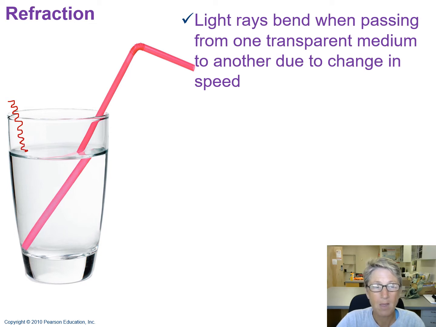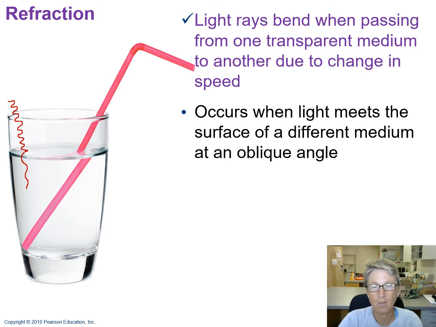That's one medium, air, to another medium, that's water. Then I'm going to change my wavelength, and when that happens, you get this process called refraction, and what you see in the photograph is this straw looks like it's in two pieces.